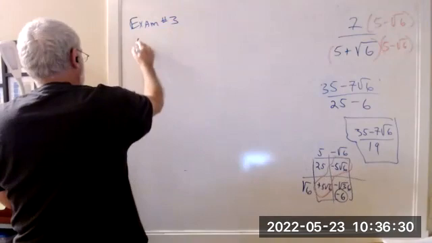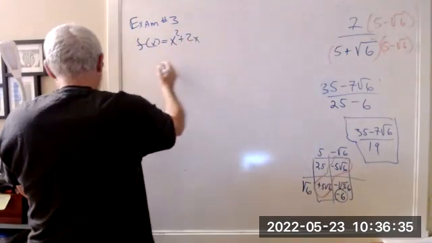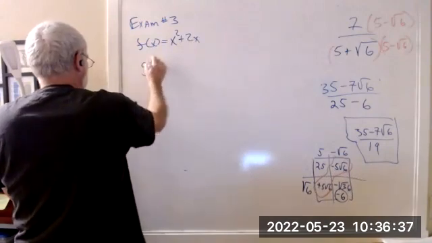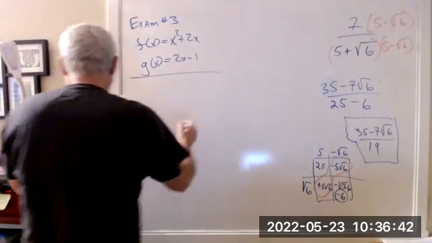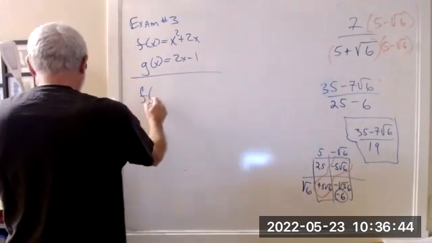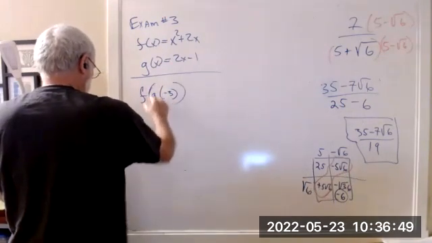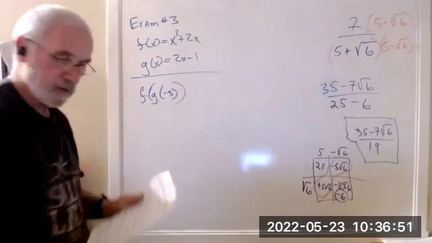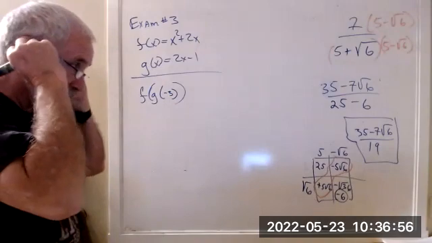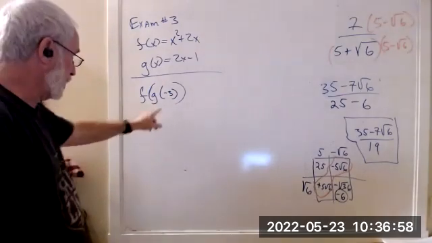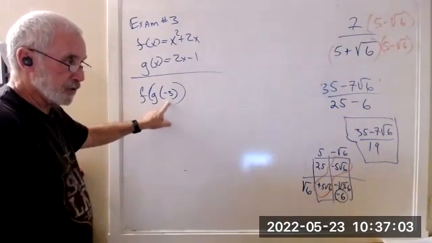Okay, first we were told that f of x is x squared plus 2x, and g of x was 2x minus 1. And they want us to find f of g of -3. Okay. So like in PEMDAS, we start on the inside first. Well, the inside has a -3. But what's it asking me to do?